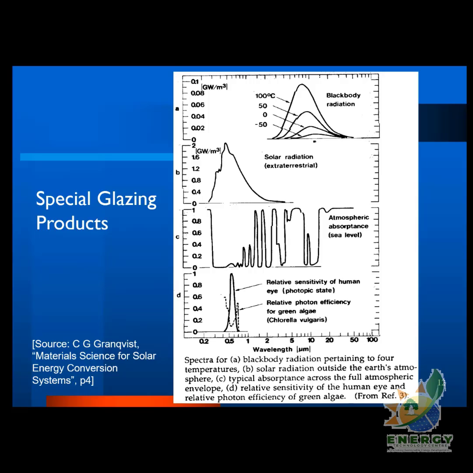So it's possible to allow the short-wave radiation to come through, and not allow much of the long wave radiation to escape, and therefore it builds up heat in the house, or if you are in an office, it builds up the heat in the office.